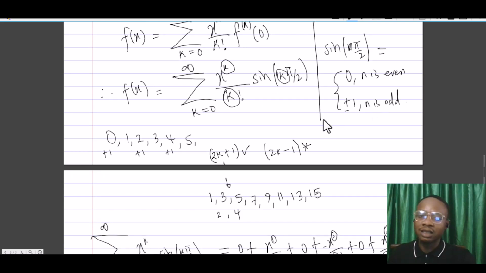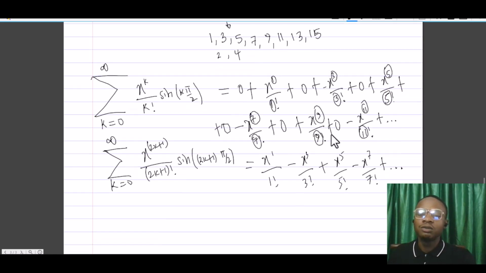The next thing is, in our expression, we have to take note of the fact that the signs will keep changing. So look at it now. How do the signs change? We know that when our coefficient of pi over 2, when our k is even, it was 0, we have taken care of that.